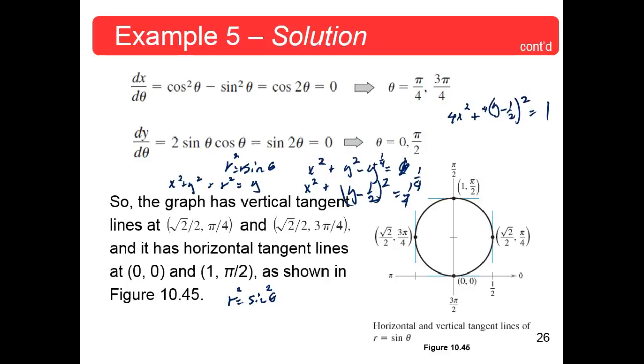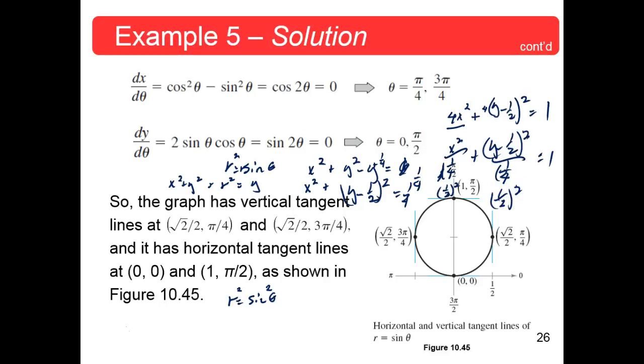And that's the same as x squared over 1/4 plus y minus 1/2 squared over 1/4 is equal to 1, and this would be 1/2 squared. This would be 1/2 squared.